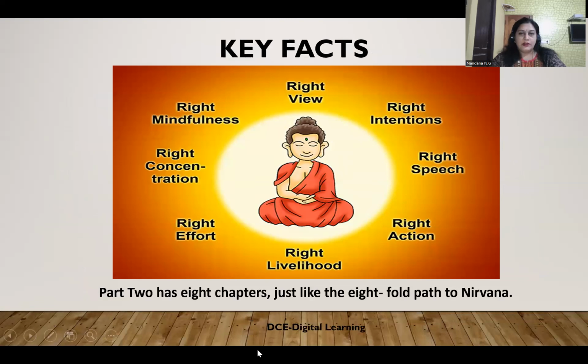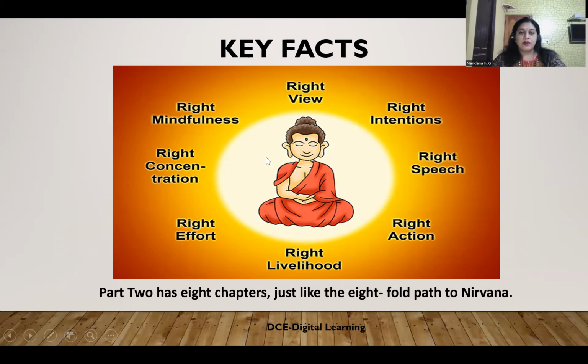Now let us have a look at part B, which we are going to discuss. Part B, or part 2, consists of 8 chapters. And why is it 8? Because it resembles the 8-fold path to nirvana. According to Lord Buddha, there are 8 ways through which you can achieve nirvana, and a pictorial representation is given here: right view, right intentions, right speech, right action, right livelihood, right effort, right concentration, right mindfulness.